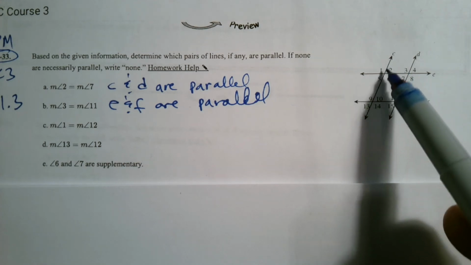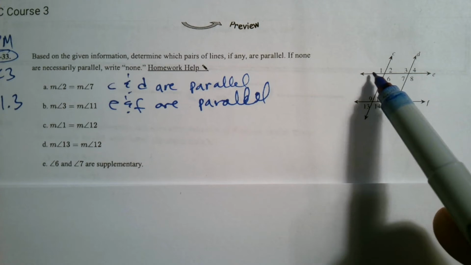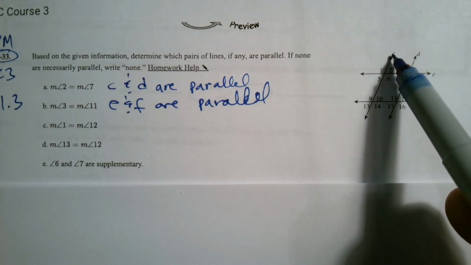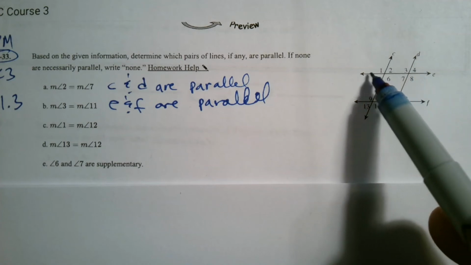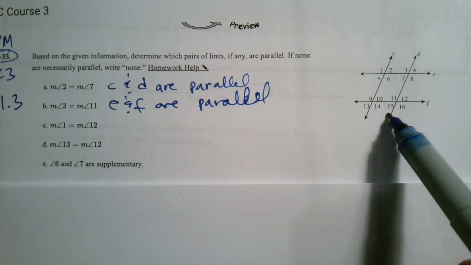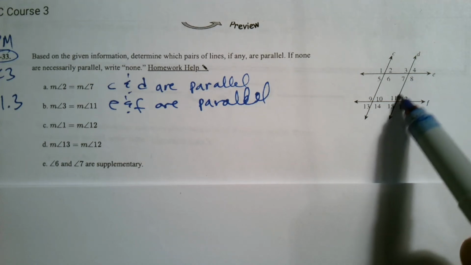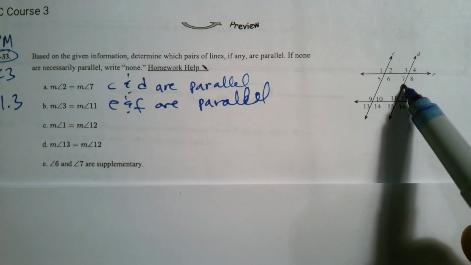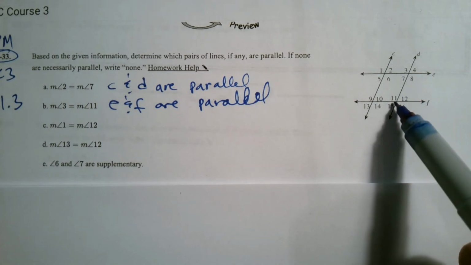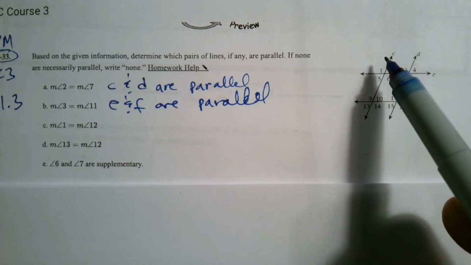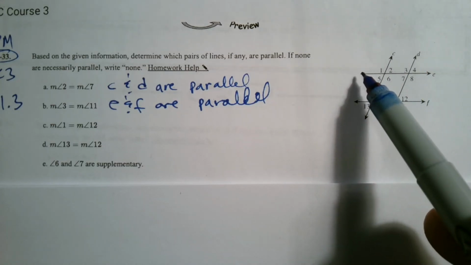Angle 1 doesn't share any of those aspects. Lines D and F make angle 12, and lines C and E make angle 1.